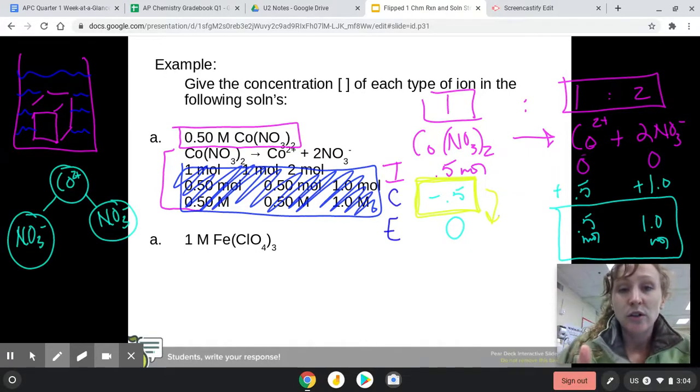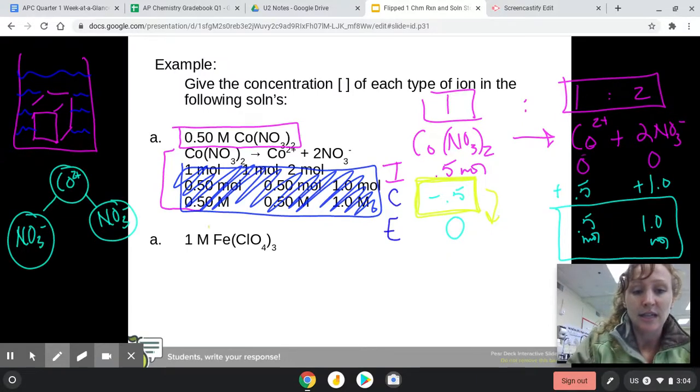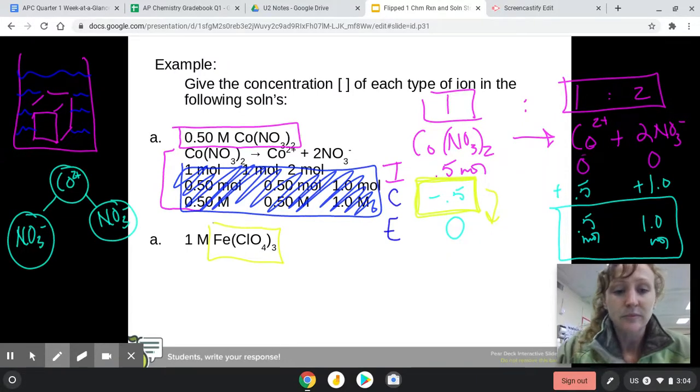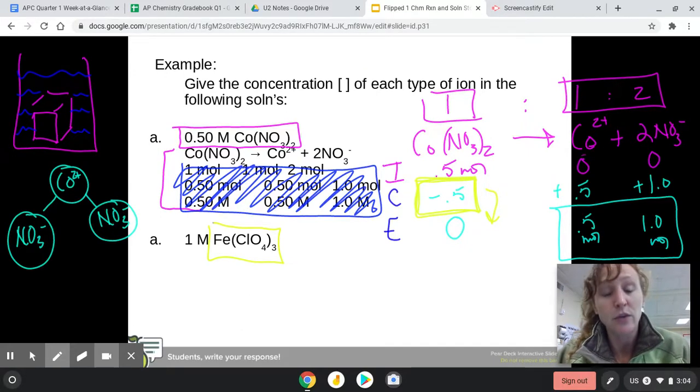One thing I do want you to do before we move to the next slide is take this amount and set it up in a reaction. Write out the dissolving, the hydration reaction of iron 3 perchlorate, and then go ahead and tell me if 1 mole per liter of that falls apart, how much of each ion will I have in the end?